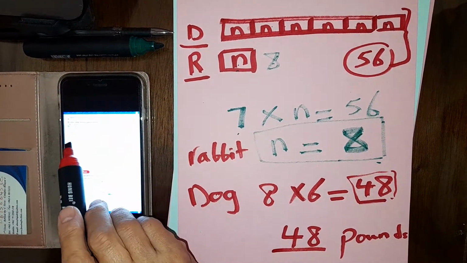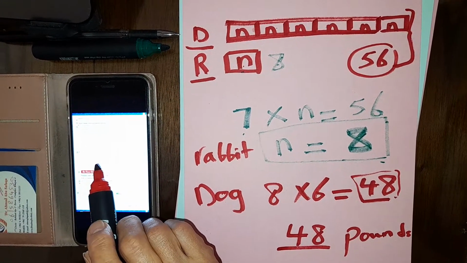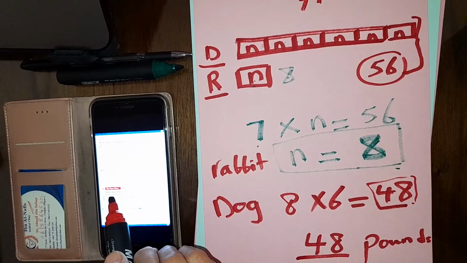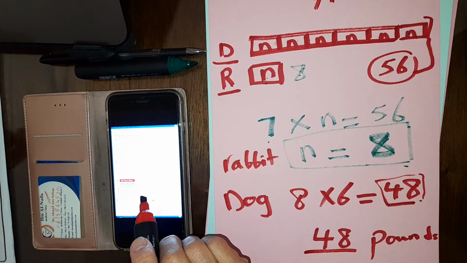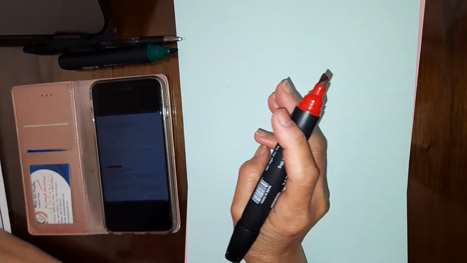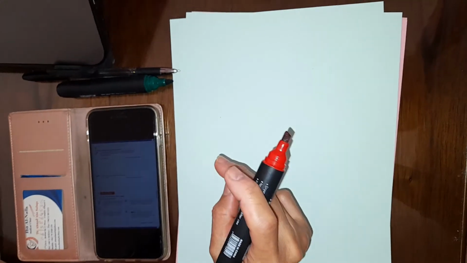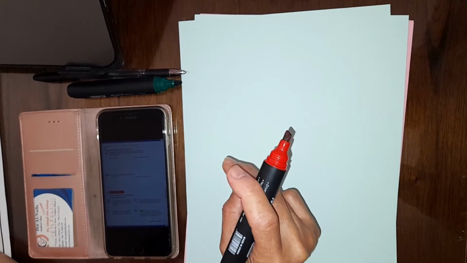They said for me the first question, last month, Kim trained 3 times as many dogs as cats. If the total number of cats and dogs trained last month is 28, how many cats did Kim train? As I said before, you are going to draw a bar model. Last month, Kim had two kinds of pets, dogs and cats. They said that Kim trained 3 times as many dogs as cats.